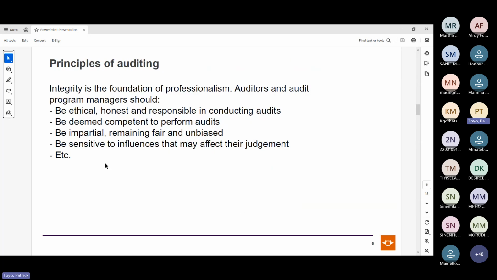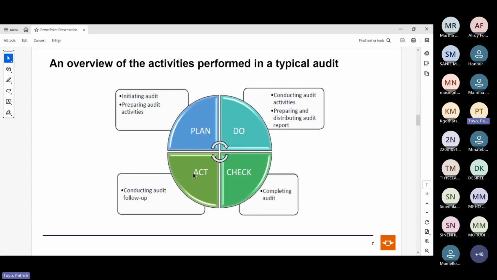And then the principles, there's quite a lot of them. I think as an auditor, as a person who's auditing, the level of integrity has to be very high. And it is suggested that you apply the plan, do, check, act approach: initiating an audit, conducting an audit, completing an audit with your report, and then you do the follow-up, because there are findings.